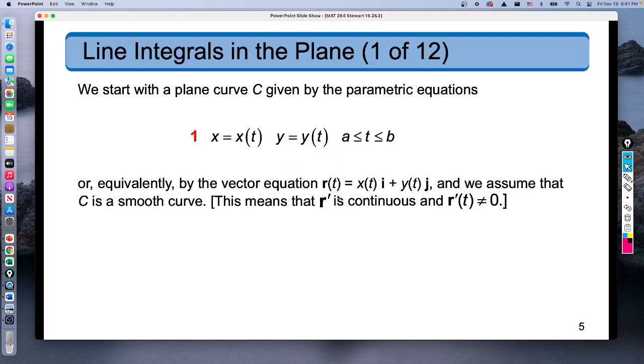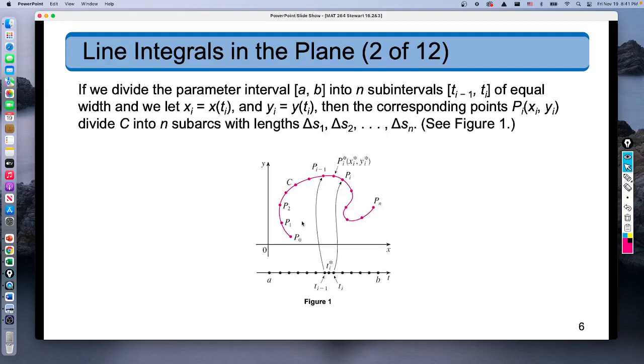We can think of these as vectors as well, and we make the assumption that C is a smooth curve, meaning that it is continuous and that the derivative is not equal to 0. So those are the rules we start with.